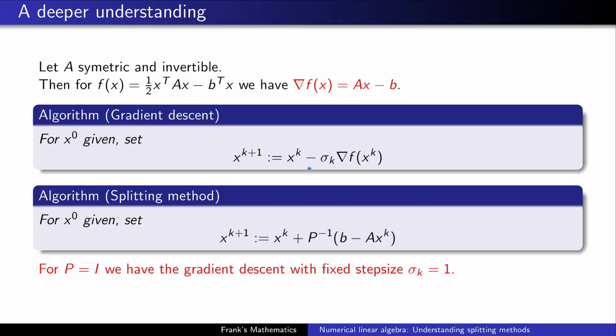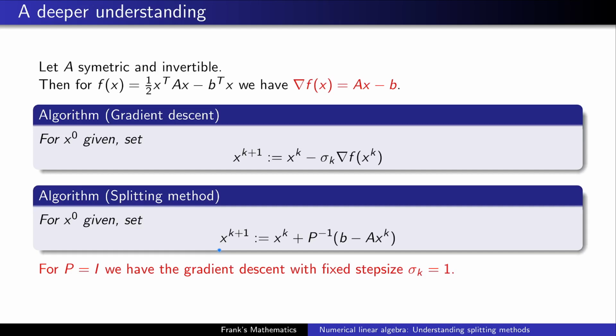And this actually looks very similar to our splitting method, which you can see here. If we choose P to be the identity, and using that the gradient of this function here is Ax minus b, we know that these two terms are actually the same. So what does this mean?